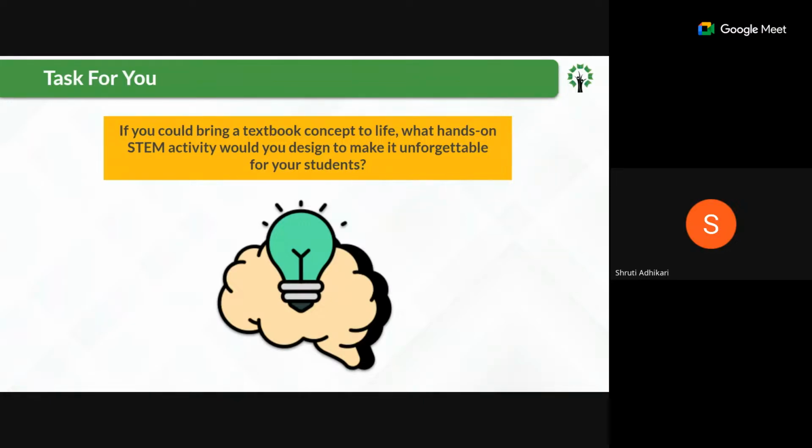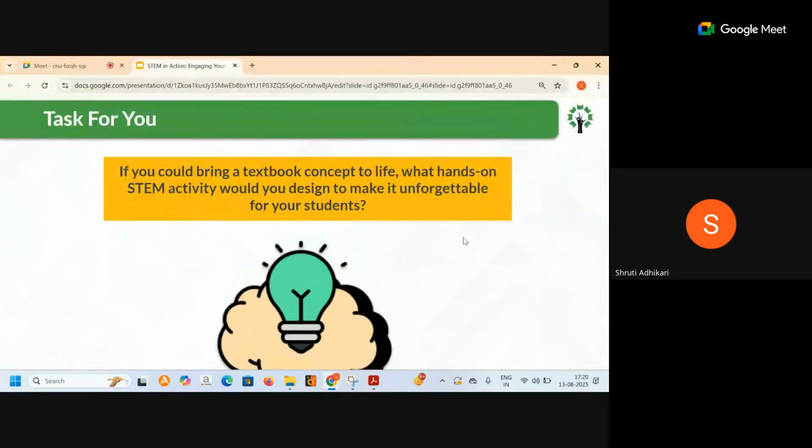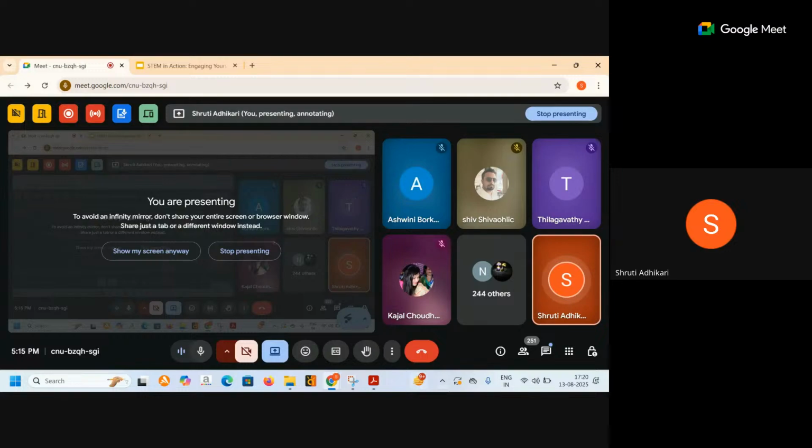Let me have a lot of responses, either verbally or through chat. So all of you can see the slide, right? If you could bring a textbook concept to life, what hands-on STEM activity would you design to make it unforgettable for your students? Let's have the answers.